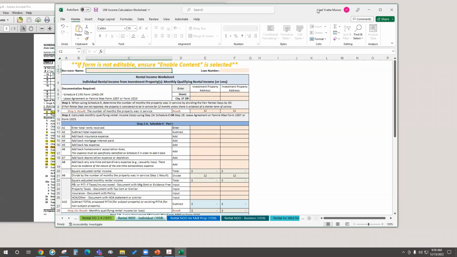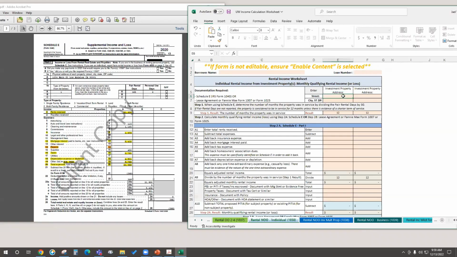So let's go into the individual. And basically, for your processor, you can put the address up here. What I normally do, if I'm going to use a 2-year history, is I just put 2020 here, and then 2021.